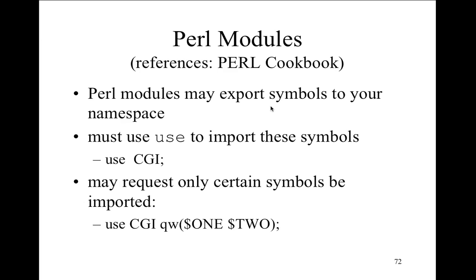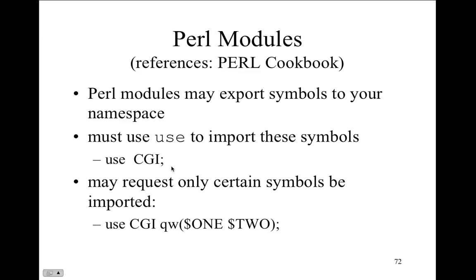Perl Modules. This is the biggest selling point for Perl. Perl modules may extend symbols to your namespace. You use use to import these symbols. It's kind of like when you include something in C++ or C, you import something in Java, now you use something in Perl. It's the same concept. You must use use to import these symbols.